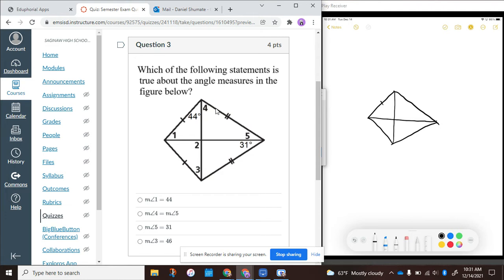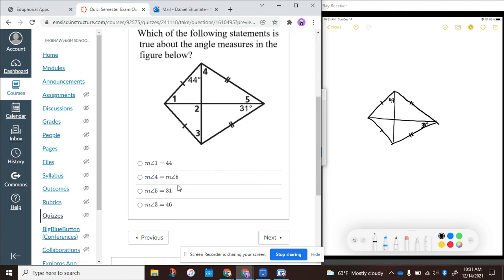And we've got this side and that side congruent, this side and that side congruent. And those lines cutting across the middle of it are the diagonals. So it tells us that this angle up here is 44 degrees. This angle down here is 31 degrees. And it's asking us which is true about the angle measures in the figure below.